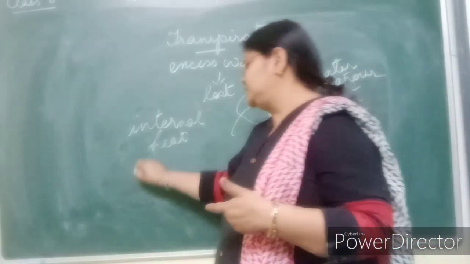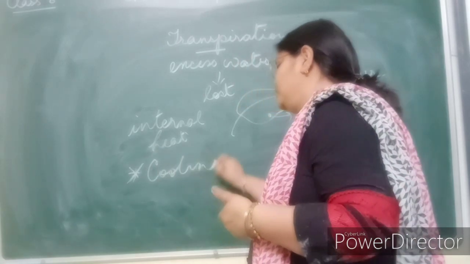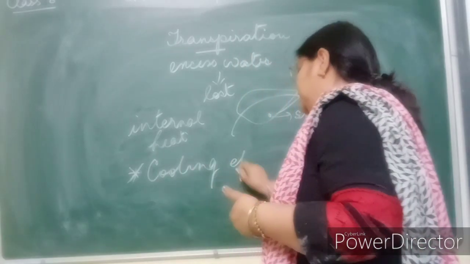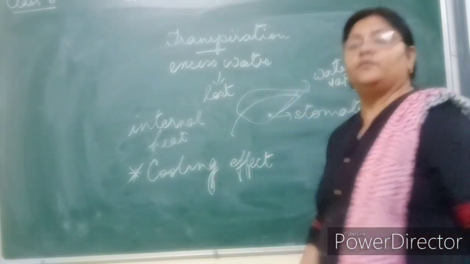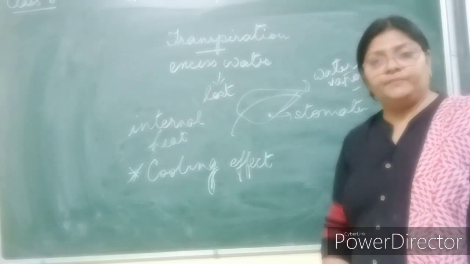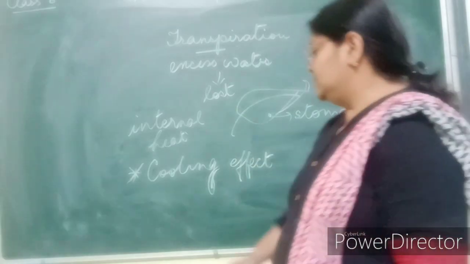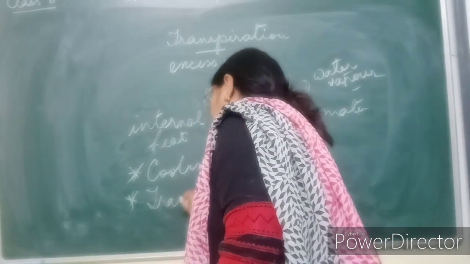Therefore, the importance of transpiration is that it has a cooling effect in the plant, because the internal heat of the plant is being used up by it. The second use we've already studied, that is the transpirational pull.